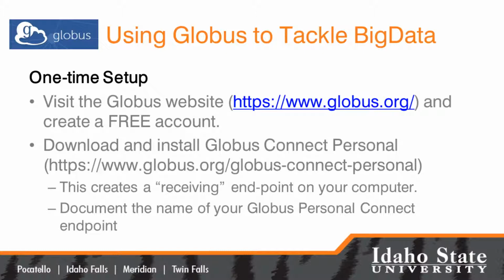But you have to recall what that is because you're going to be utilizing that name later on when you start using Globus. And once you've used your endpoint once, then Globus will remember it and you'll be able to jump back to it pretty easily. But the first time that you do this, it's pretty important to jot that thing down, copy and paste it somewhere, whatever, so you can get to it later on.